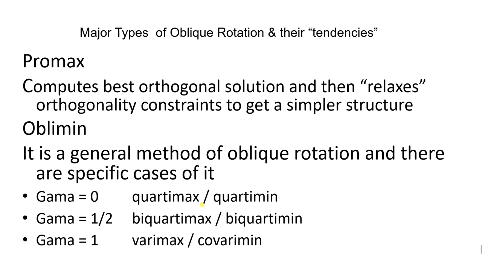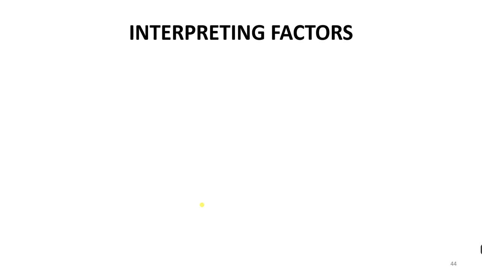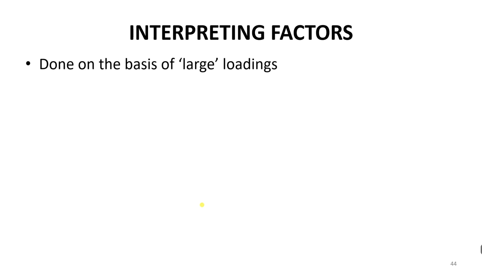So after rotation, the final step is interpreting the factors. So we have rotated the factor structure and obtained a simple structure. Now, how to interpret? So there are two aspects. One is determining the large loadings.